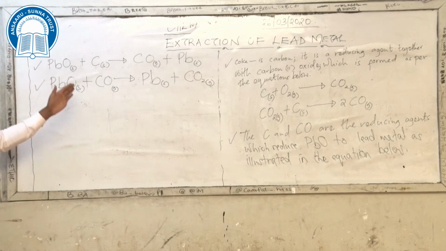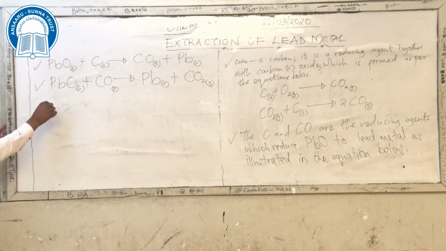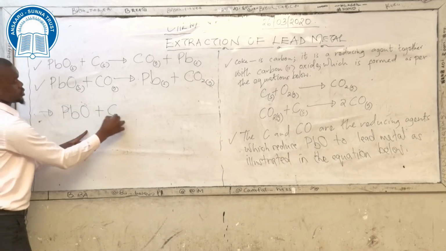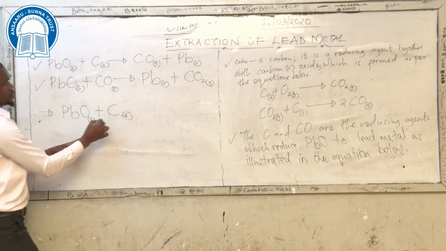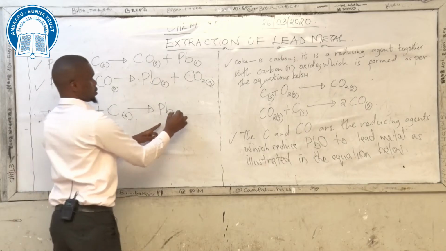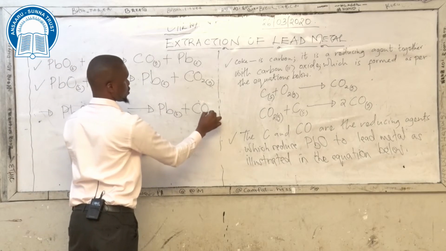These two reactions are the reduction reactions. But directly we could also say that lead oxide could also just be reduced by carbon to lead metal, and the carbon forming carbon 4 oxide gas.